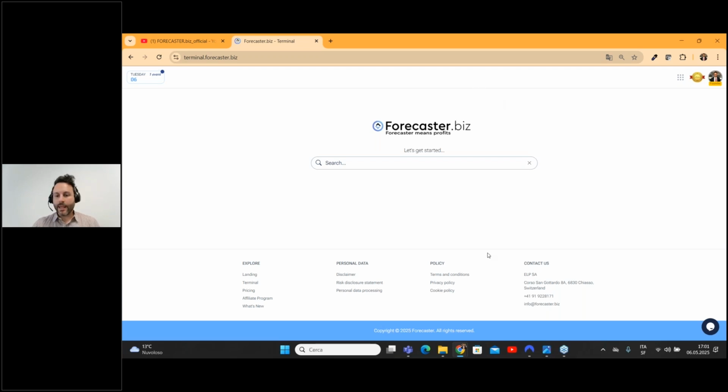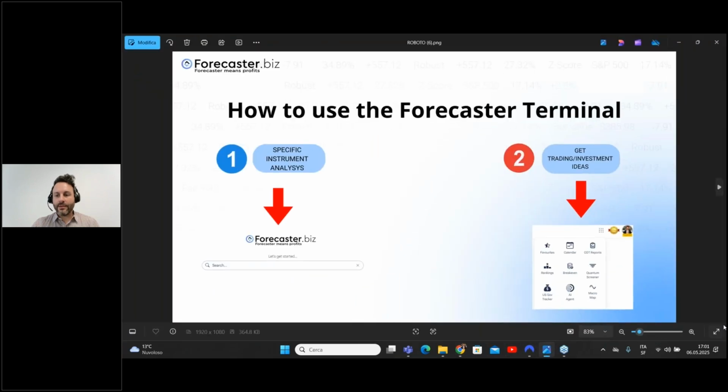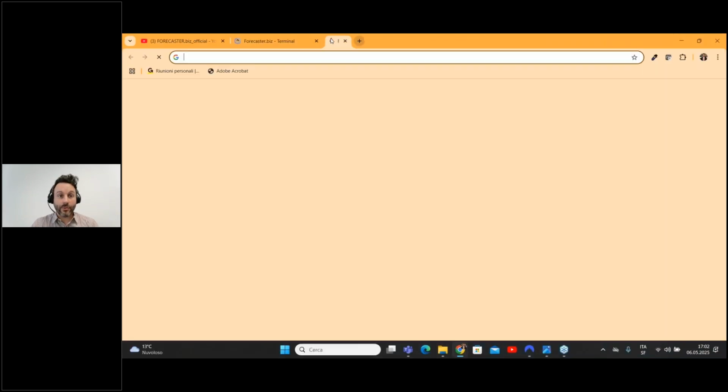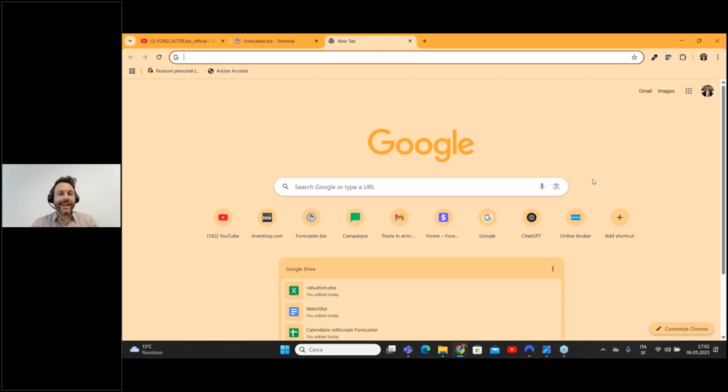Okay, so as I told you in the previous lesson, you can use the Forecaster Terminal in two ways. The first one, as you can see, is going inside the Forecaster Terminal, which I would like you to remember is built like Google.